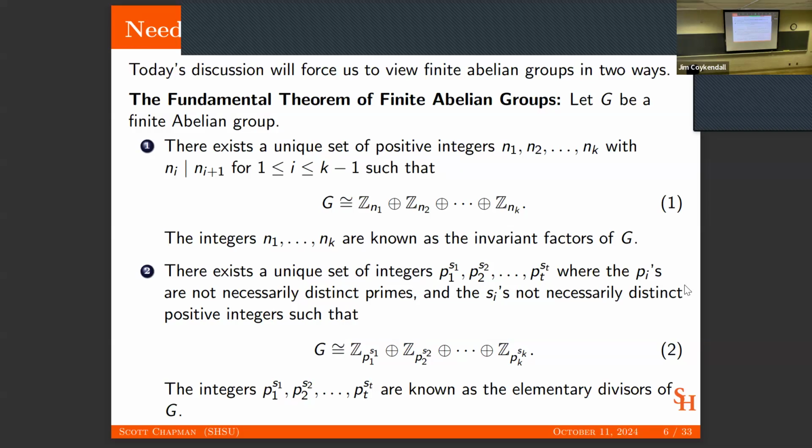The pi's to the si's here are known as the elementary divisors. This is something you'd see on your qualifying exam in algebra. So I'm going to focus at first on finite abelian groups written in terms of their invariant factors. And towards the end of the talk, I'll switch and start looking at the group written out in terms of its elementary divisors. But I just wanted to make sure that we were on the right page together here.